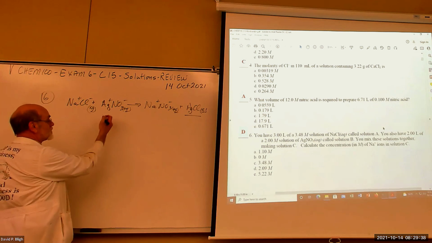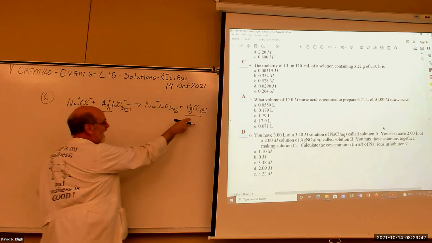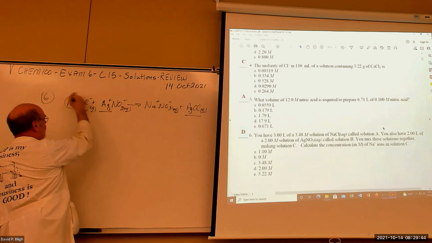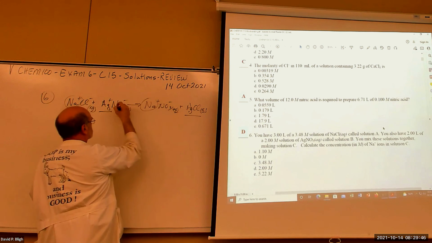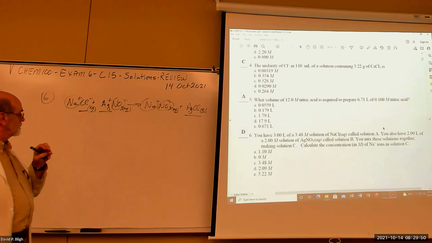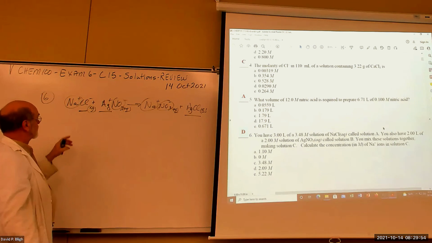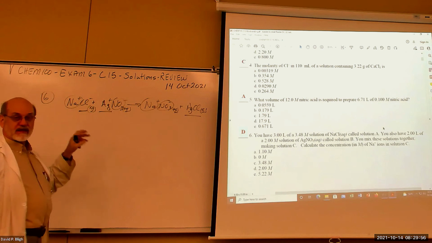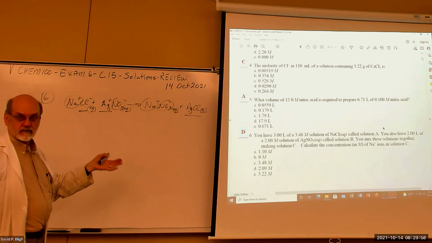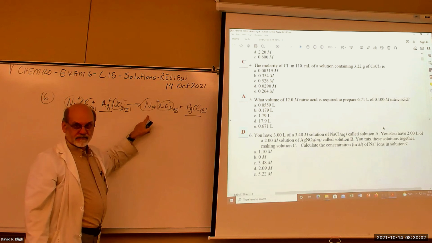The net ionic equation will keep this one and this one to make that one, and the sodium and nitrate will be cut out because they're spectators. Spectator ion means that there's no reaction involving the spectators. Sodium stays sodium in solution, right?